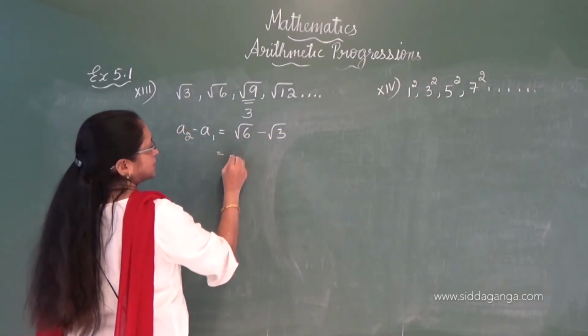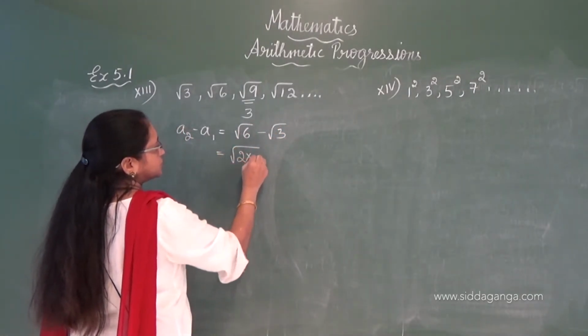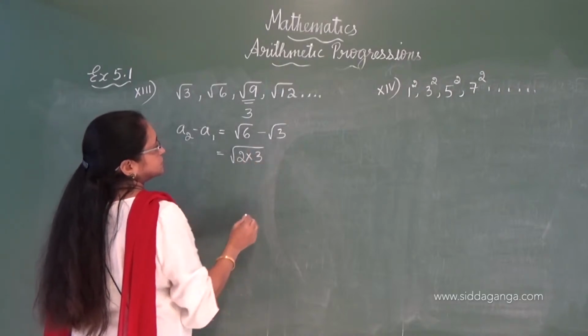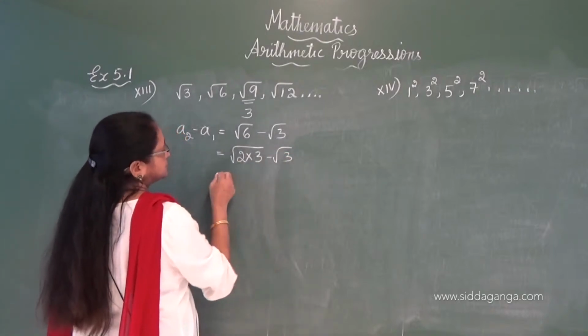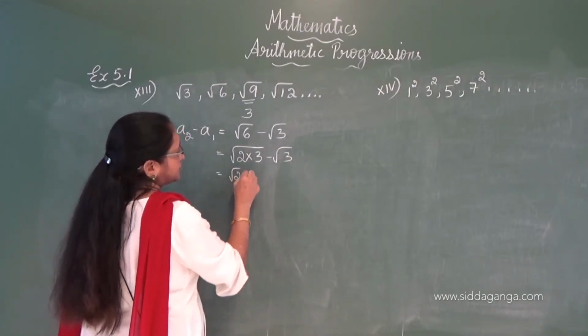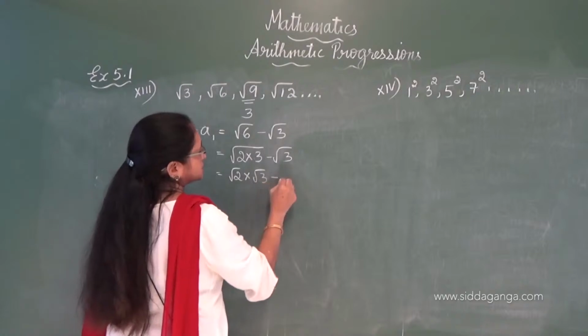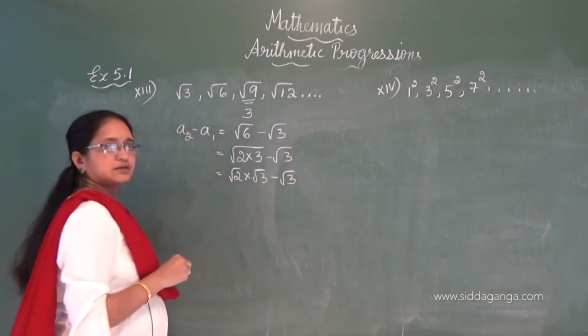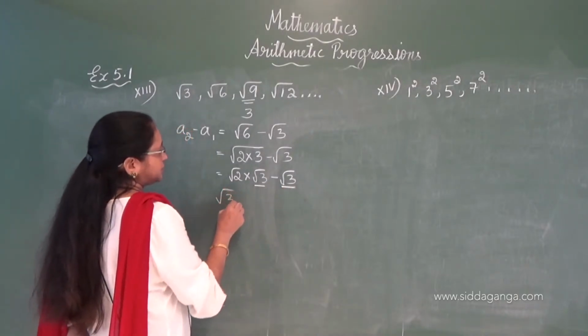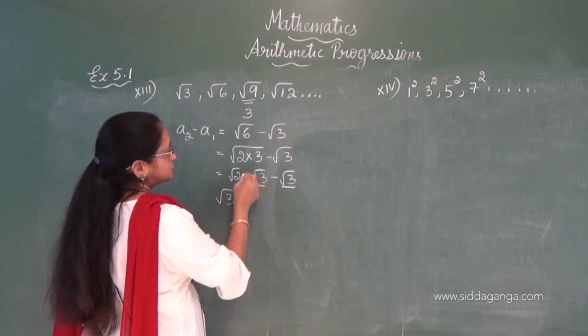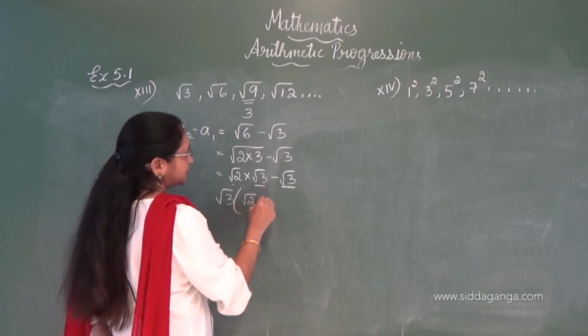Actually this can be written as root 2 into root 3 minus root 3. Now how to find out the difference here? You can bring root 3 outside. So what remains here? Root 2 minus 1.